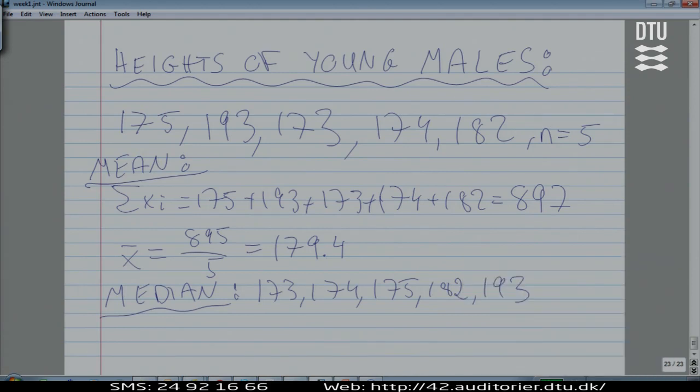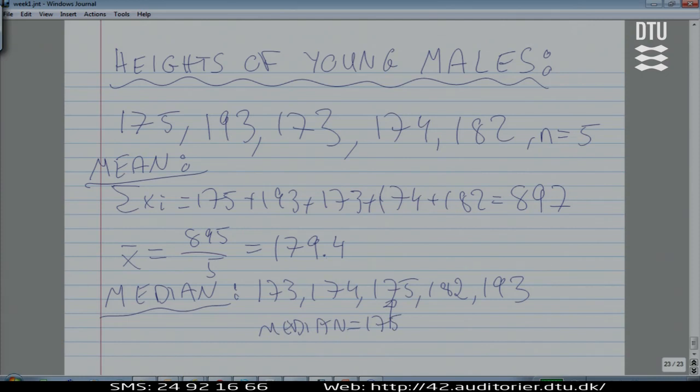Sorry about that also. What is the middle number? 1, 2, 3. This is the middle number, right? When there is an uneven n, there is a middle. So here the median would be 175.